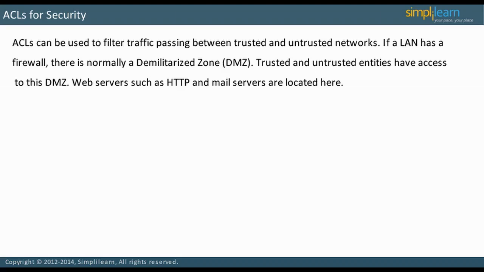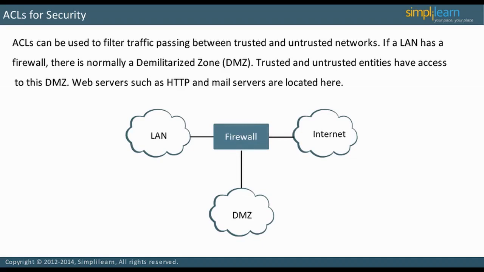In addition, there is normally a demilitarized zone, DMZ. Trusted and untrusted entities have access to this DMZ. Web servers such as HTTP and mail servers are located here. The figure shows how the firewall can control the traffic moving between the LAN, the DMZ, and the Internet. The LAN is the trusted network, and the Internet and DMZ are untrusted networks.